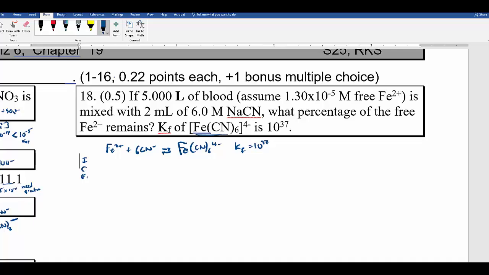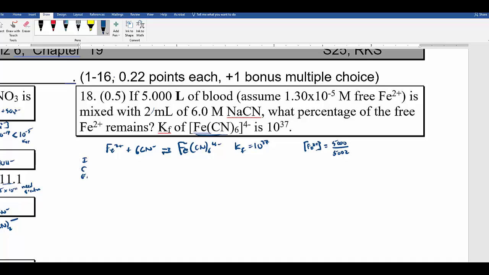And so let's calculate the new iron concentration. Okay, free can also be in this context. So this is complex iron here, the cyanide one. And also there's hemoglobin in blood, which is another complex of iron. And so we have iron 2 plus concentration is going to equal, it's 5 liters, so that's 5,000 milliliters. Now the combined volume is going to be 5,000 plus 2 milliliters, so that's 5,002.